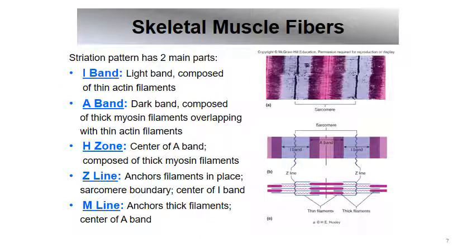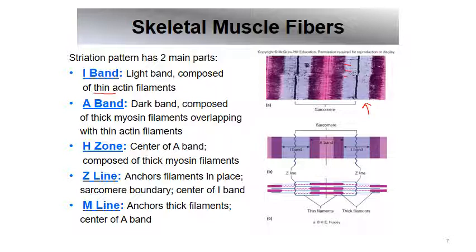Slide here, this is just showing more pictures showing these regions. That top picture there is showing the microscopic view of the sarcomere. And in this one, we're seeing the thin lines and the thicker lines. So again, the I band, this is the lighter band. This is composed of the thin filaments.